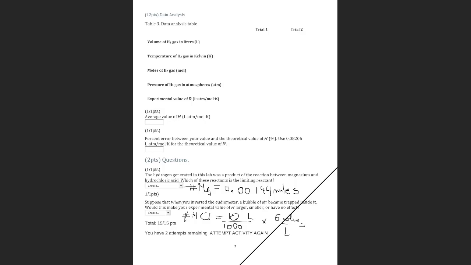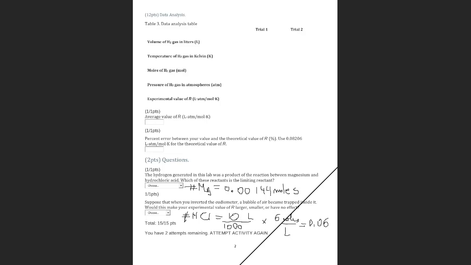My value is 0.06 moles. And you know that the reaction is 1 to 2. 1 mole of magnesium reacts with 2 moles of hydrochloric acid.